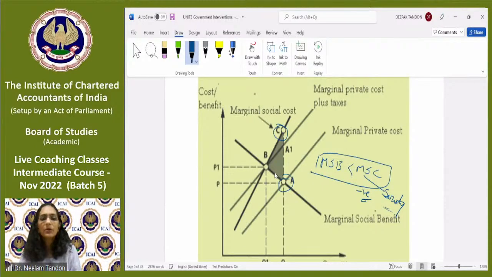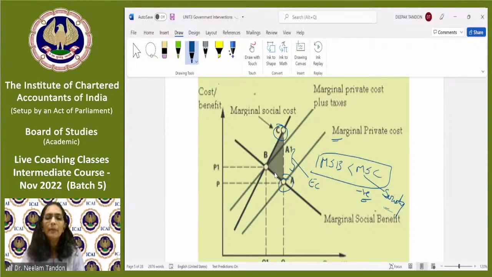And marginal private cost is this. Marginal social cost is high. So what is this A-A? This is the external cost. Who is bearing this external cost? This triangle is loss to society, loss of welfare.